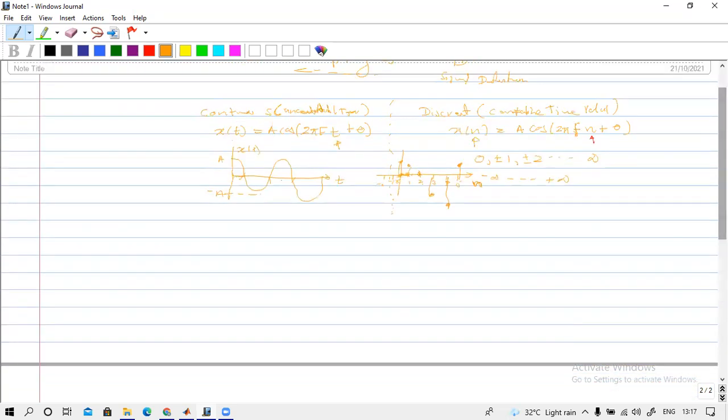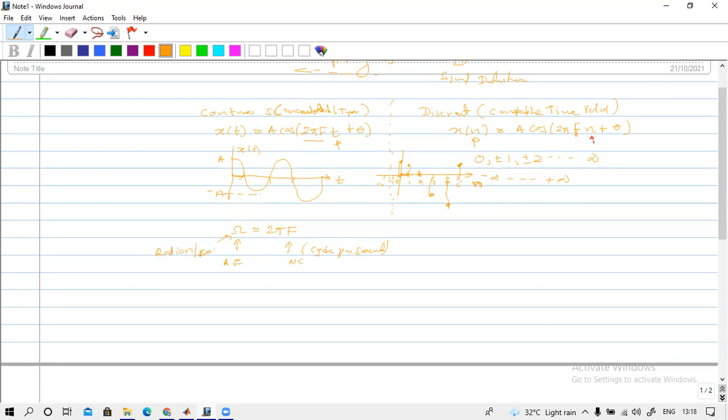You have also learned that here you can put 2πF as omega, the angular velocity. I will use capital omega to represent this angular velocity or angular frequency. It is equal to 2πF, capital F. So this is angular frequency, or angular velocity, and this is the normal frequency. Normal frequency is measured in cycles per second, and angular frequency in radians per second.